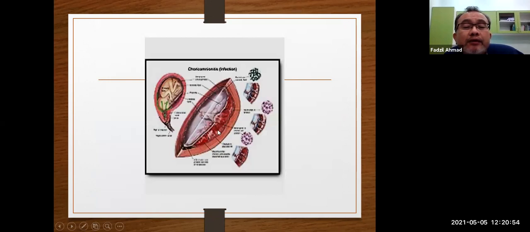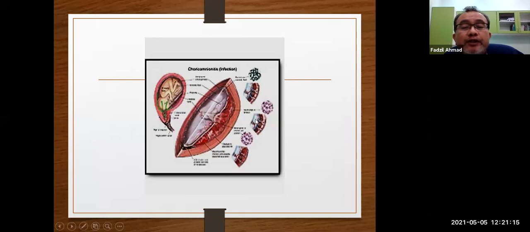Here is an example of chorioamnionitis, ascending from the delivery tract, from the cervix going up and infecting the baby.